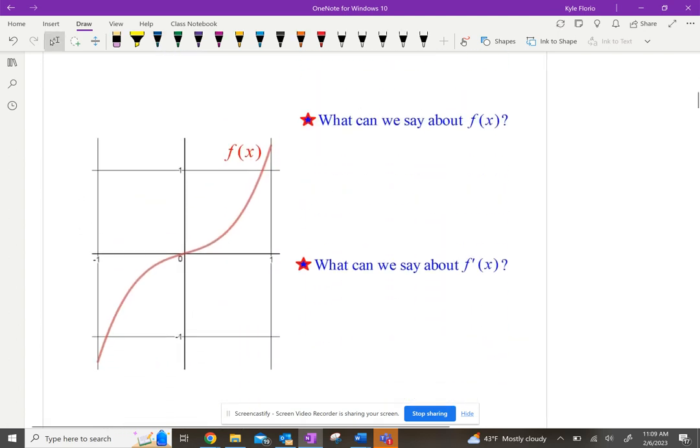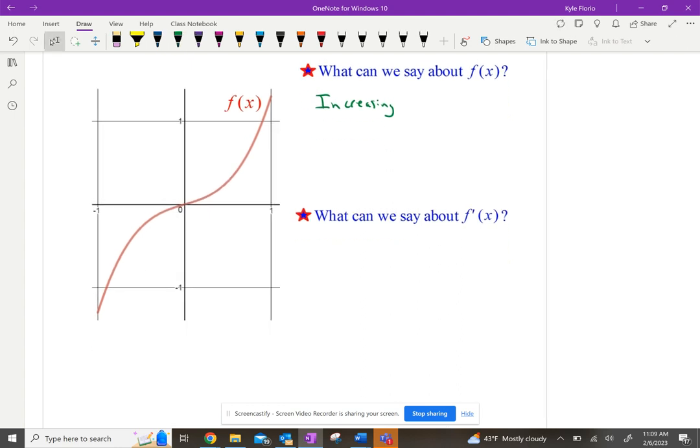So here's a graph right here. Looking at the graph, what's one thing I can say about the function? There's many things we can say, but one thing I want to say about the actual function is it's increasing. So what can we say about the derivative of the function?